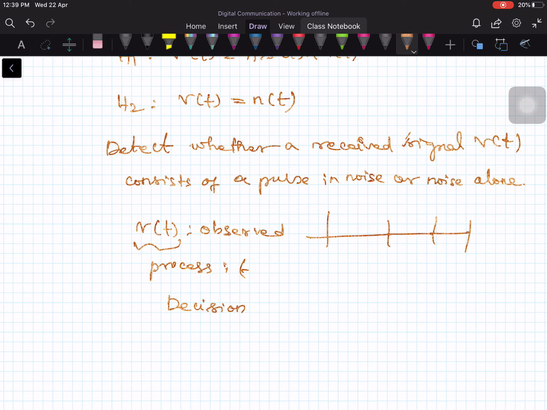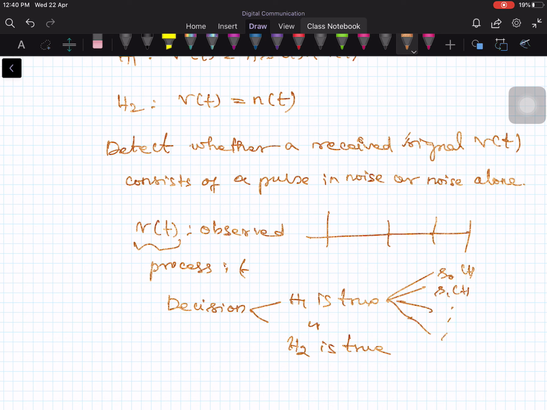What decision do you have to take? That decision says whether hypothesis H1 is true or H2 is true. If H1 is true, then I can think about which waveform is present: S0 of t, S1 of t, up to S sub m minus 1 of t. If it is not true, then H2 is true, and I can decide that there is no signal and it is only noise.